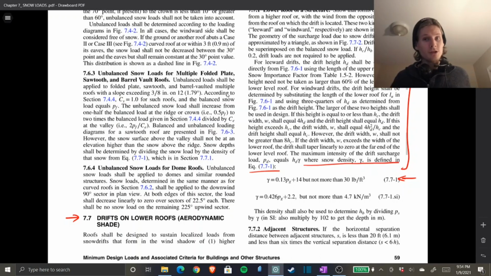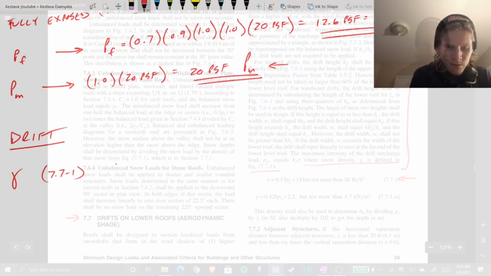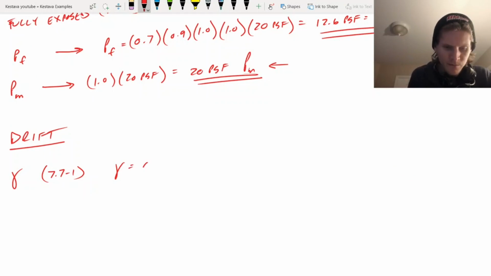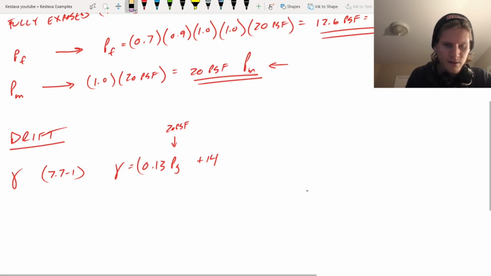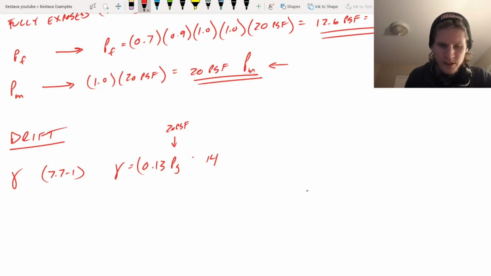So let's jump back and plug in that equation to find our snow density. So density is going to equal 0.13 P sub G. P sub G we know is 20 PSF. That's our ground snow load. Don't forget about that. Plus 14, that's just part of the equation.